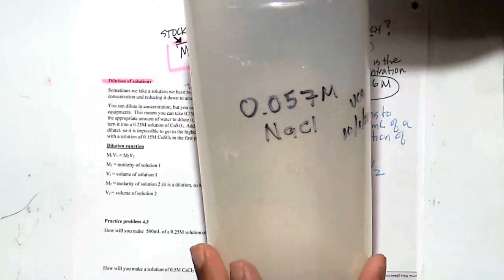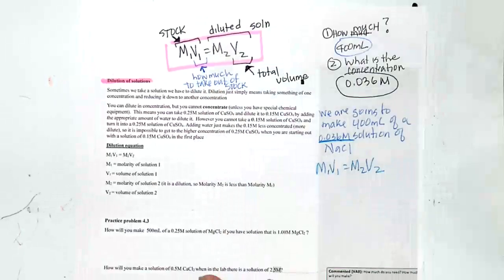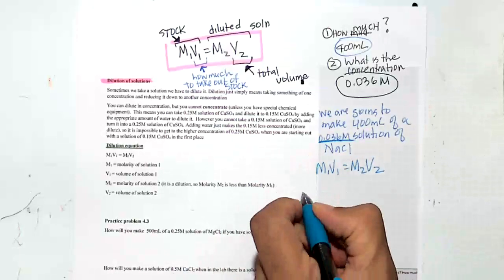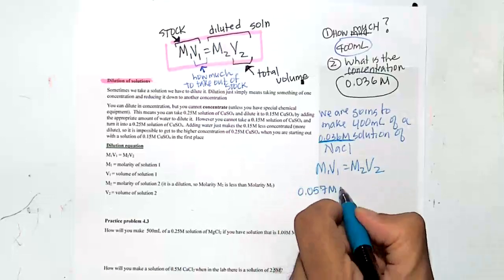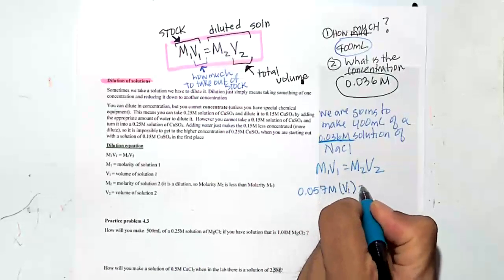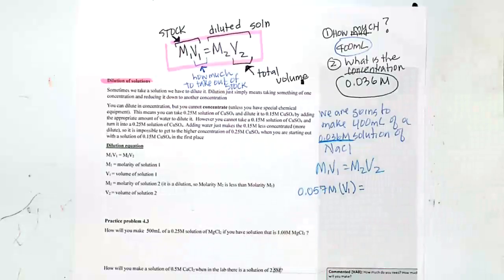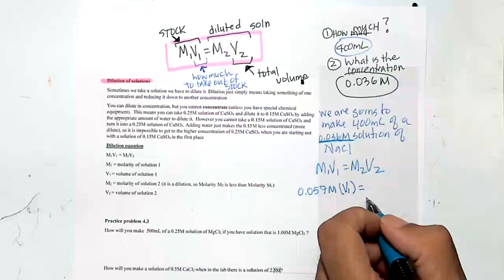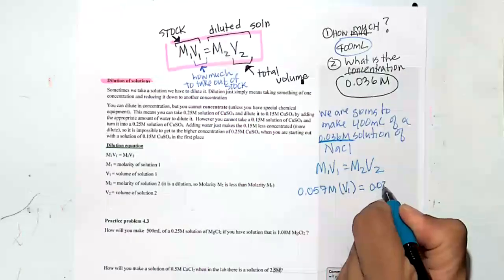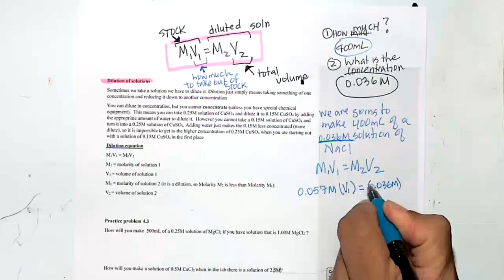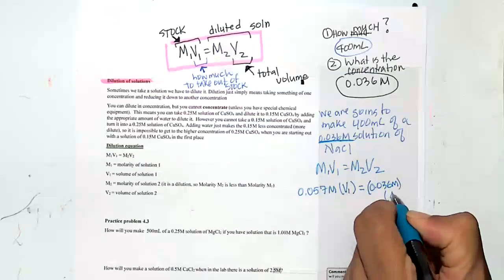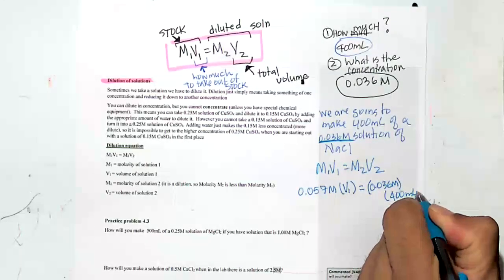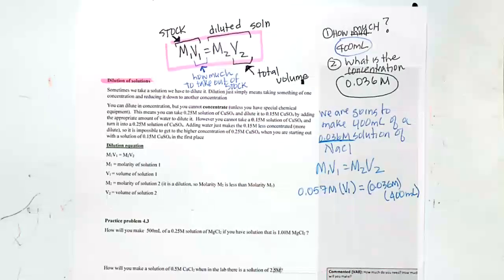That's M1, then V1, and then M2 is 0.036, and what's V2? 400 mLs.